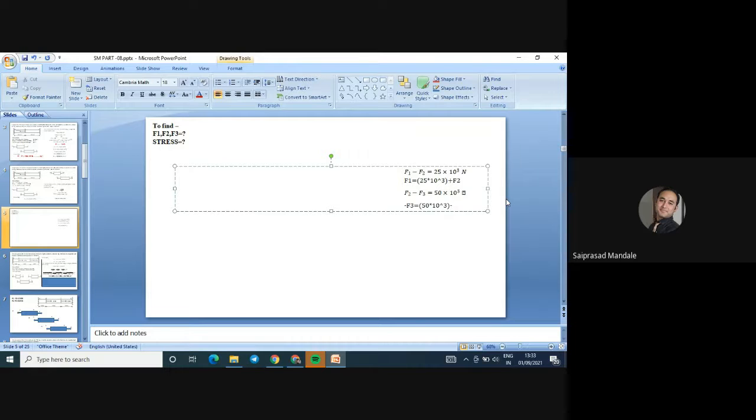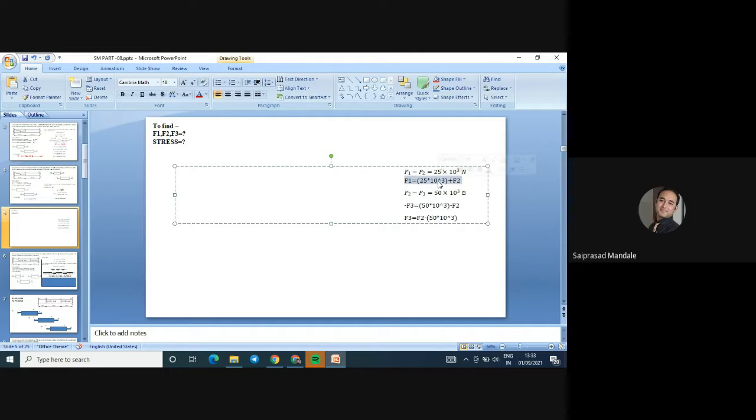minus F3 is equal to 50 into 10 cube minus F2, changing the sign, F3 is equal to F2 minus 50 into 10 cube.